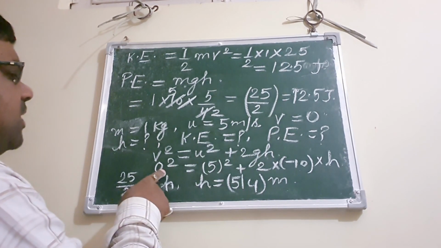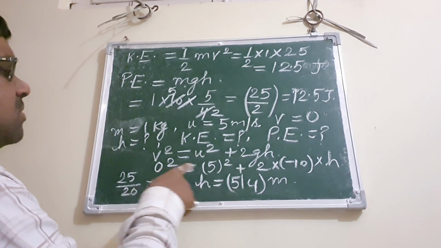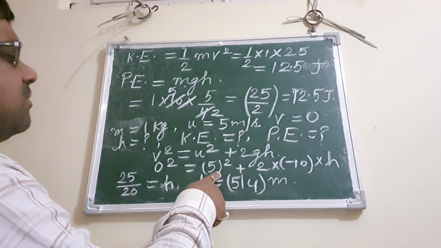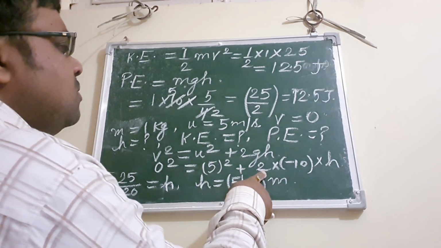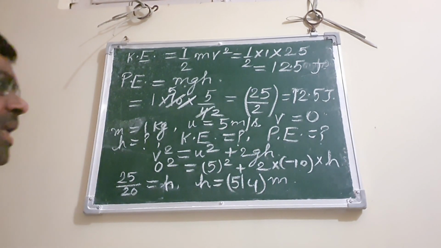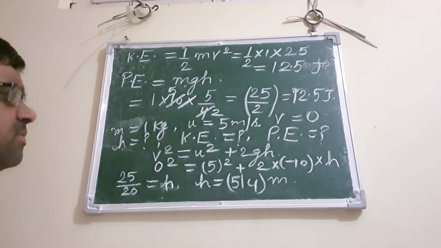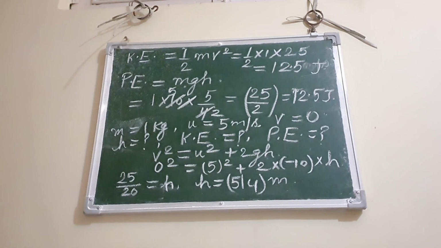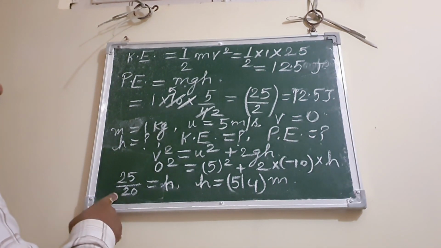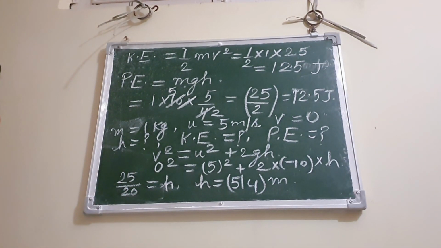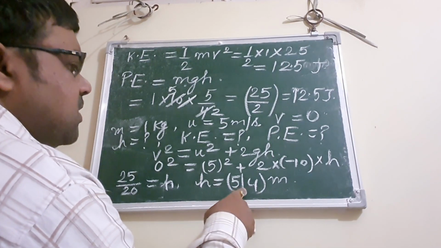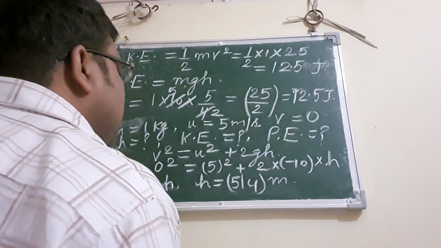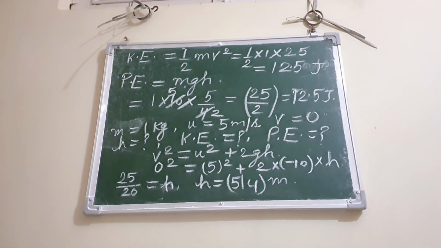Here v was 0, so 0 square is equal to 5 square plus 2, since it is in the upward direction, the gravity will be negating, so it is minus 10 into h, that is the height we have to find. After simplifying, 25 upon 20 equal to h. Simplifying further, h is equal to 5/4 meters. So this is our value for the maximum height.